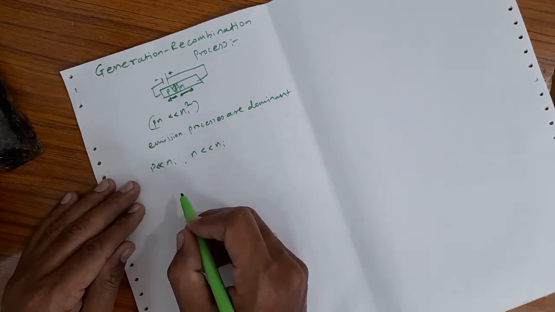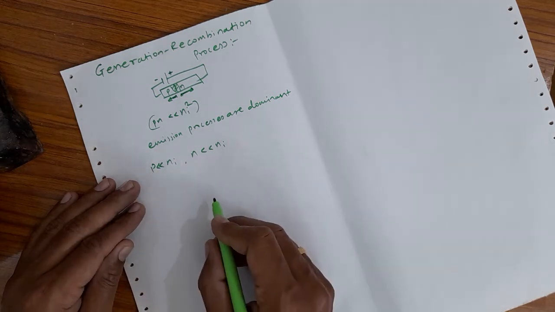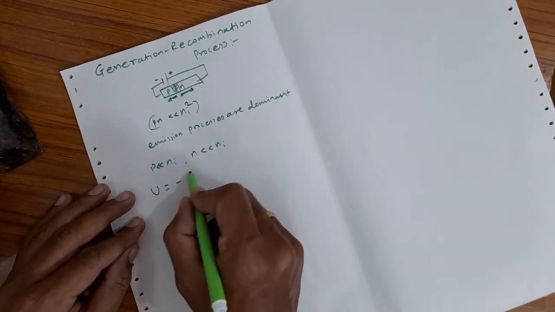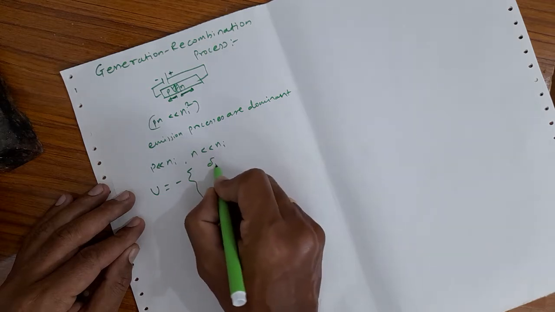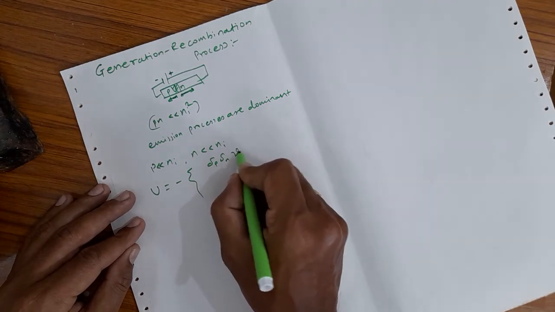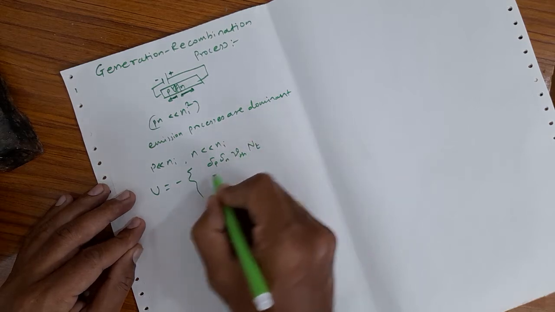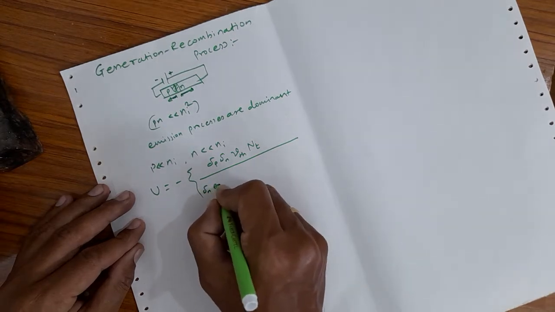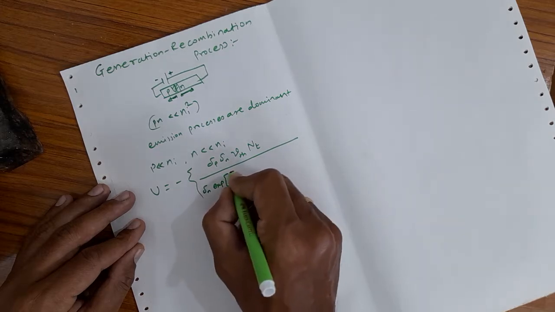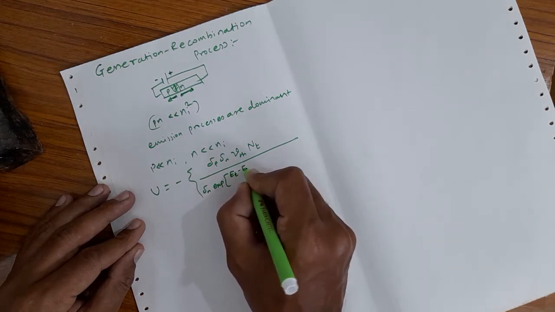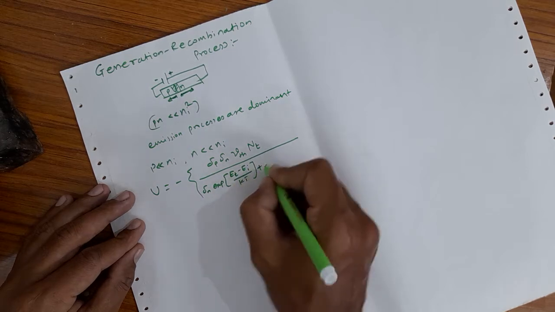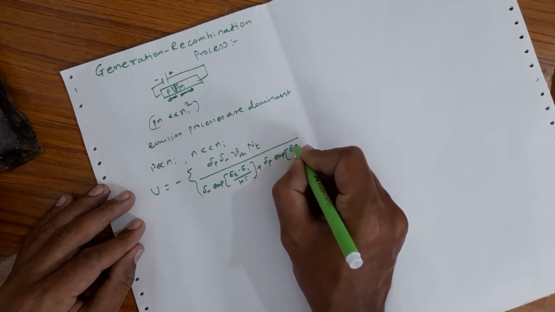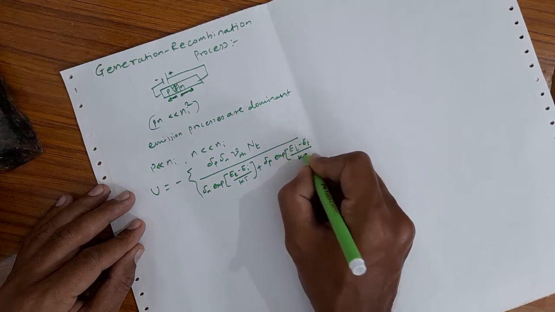That gives us the generation rate U equals negative of sigma p sigma n phi th into Nt, where Nt is the trap state density, divided by sigma n exponential of (Et minus Ei) over kT plus sigma p exponential of (Ei minus Et) over kT.